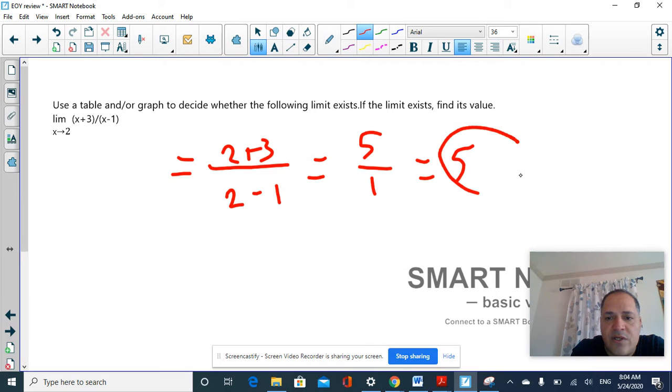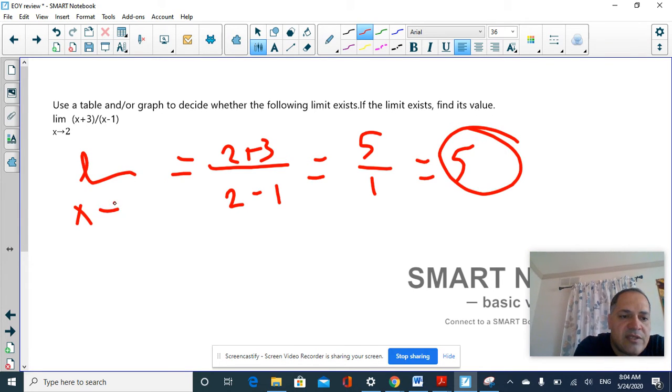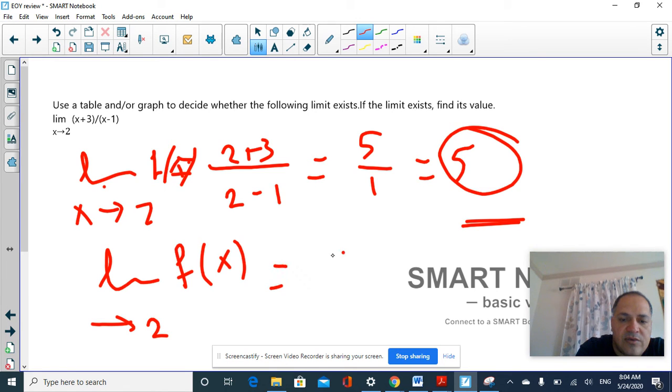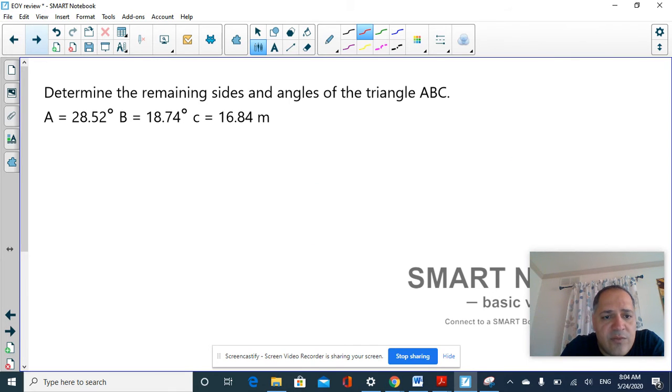So the limit of f of x when x approaches 2 is equal to what? Yes, 5. We just use the plug-in form.